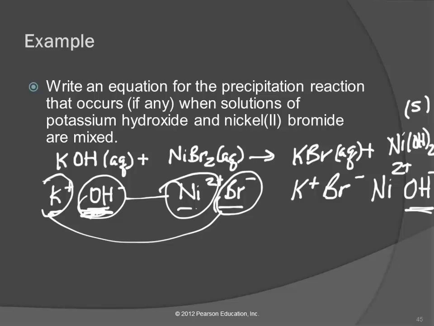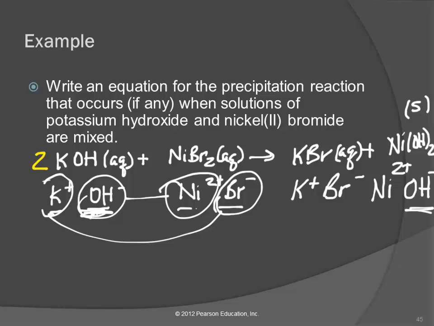So I look on the left side, I have 1 potassium. On the right side, I have 1 potassium. On the left side, I have 1 hydroxide. On the right, I have 2 hydroxides. See, I've got 2 right there. So then I need to put a coefficient on the left side so that I can get 2 hydroxides on the left.